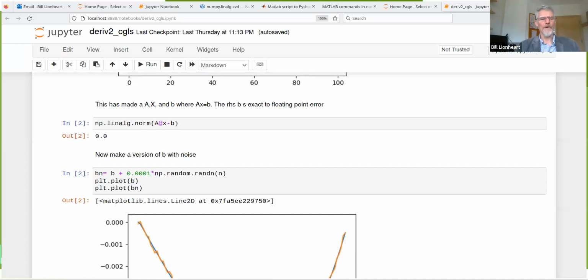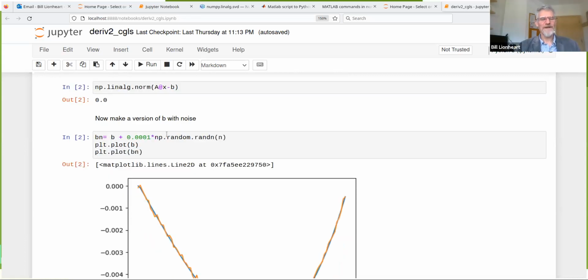And I want the norm of that to see how well my X fits. So I'm going to use a NumPy linear algebra function, norm. So I've referenced it like this. And it's 0 because it fits exactly in my version of deriv2.